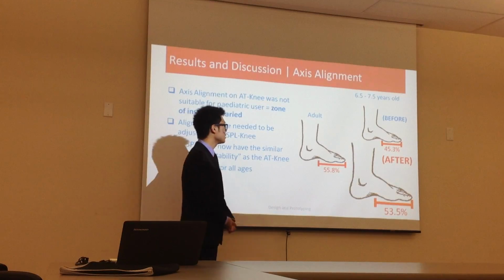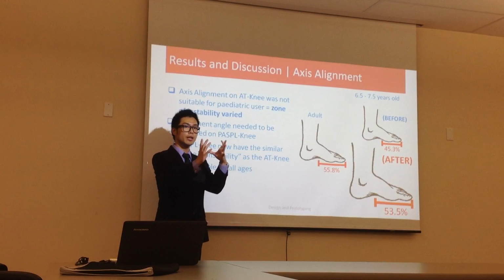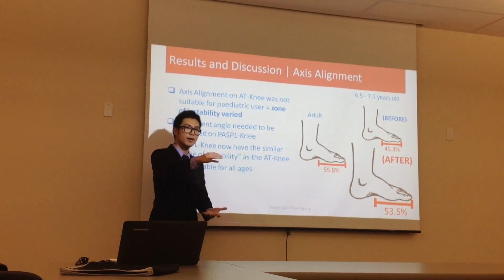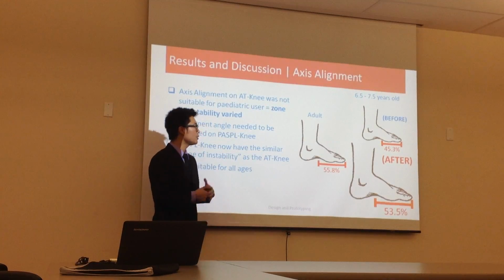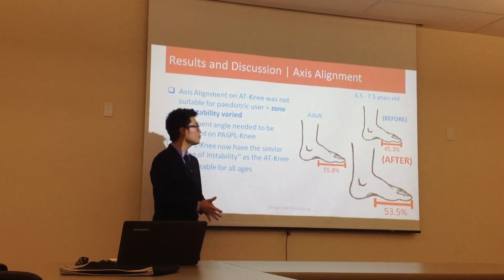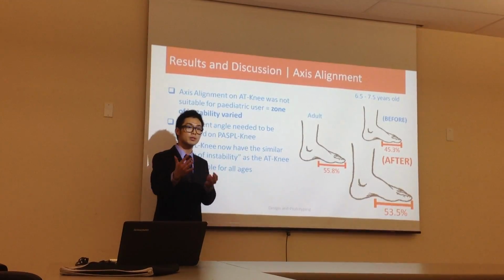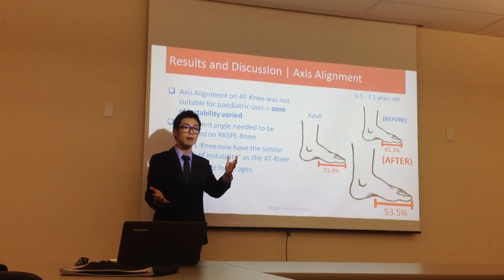So what happened was I used different knee, shank, and foot models. Basically, I created a simple knee model, a simple shank model, and a foot model, so we compare them and put them together. And those are using the anthropometric data for children. Since we want to design the knee for a wide range of children, which is 6 years old to 12 years old, that's why we're using different data for that range.